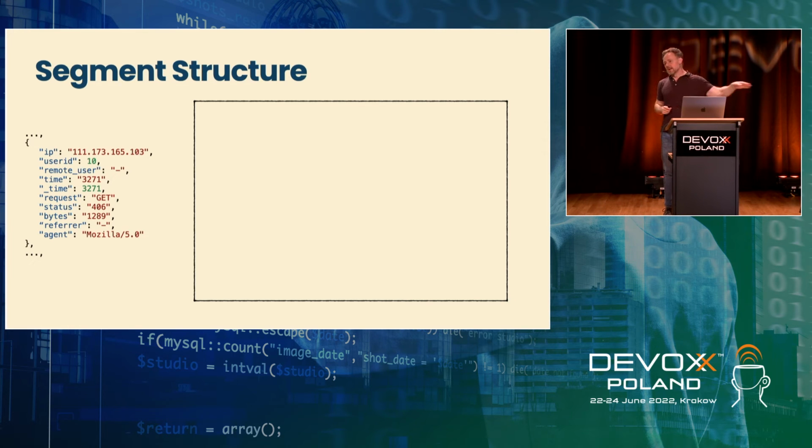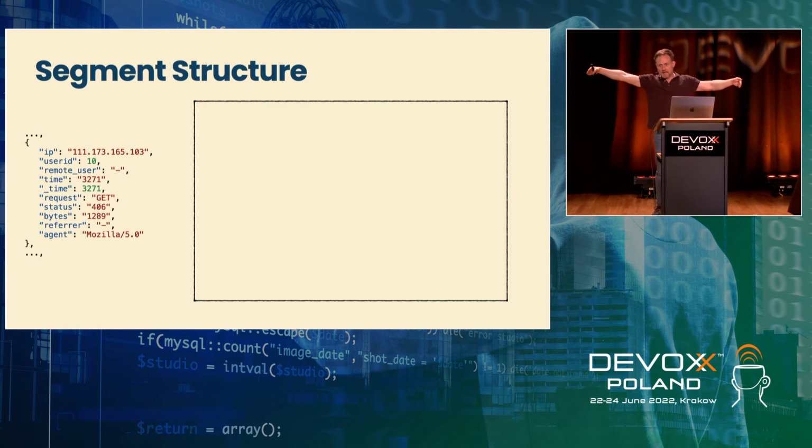What I do is I store it by columns. So I'd say I've got 1 million of these clicks that I'm importing into this segment. I'm going to take all million IPs and serialize them in one shot, beginning at this byte offset and ending at this byte offset in the segment.